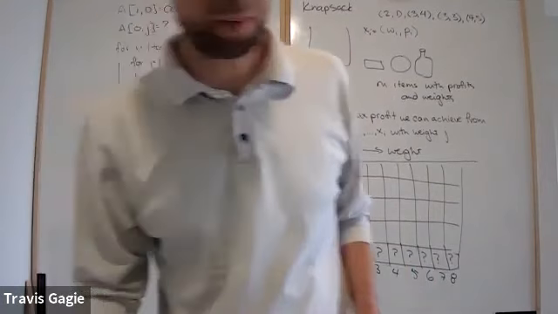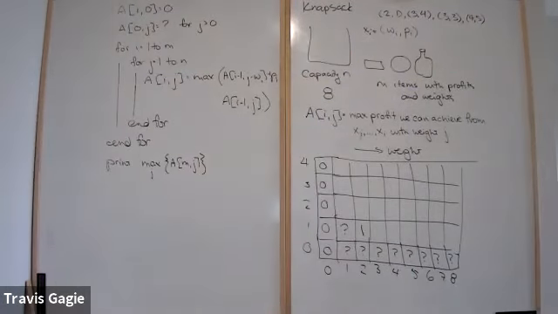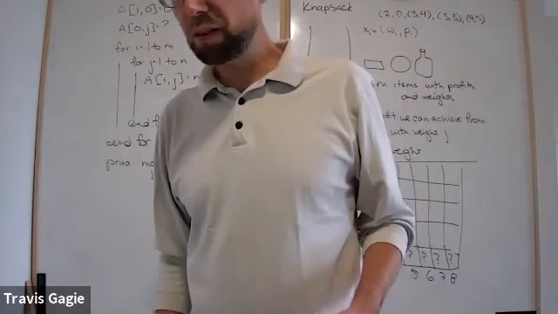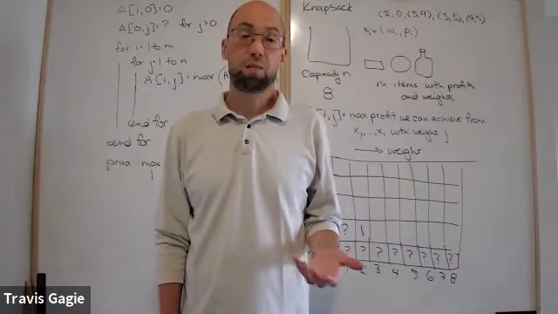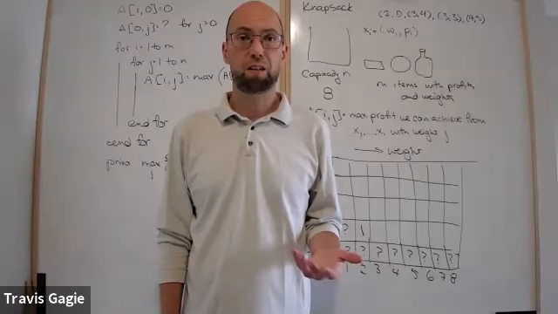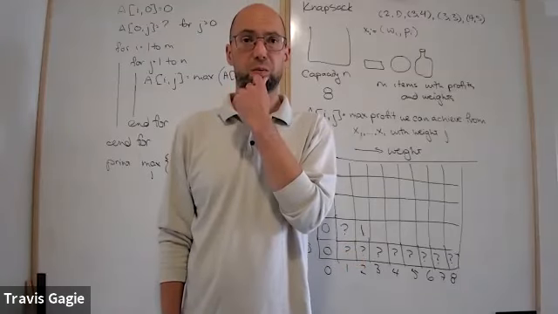I forgot to start the timer. Okay, it's 12:40, so we have 13 minutes left. That's going to be enough to do knapsack, but it's not going to be enough to do optimal binary search trees. I can sketch them.